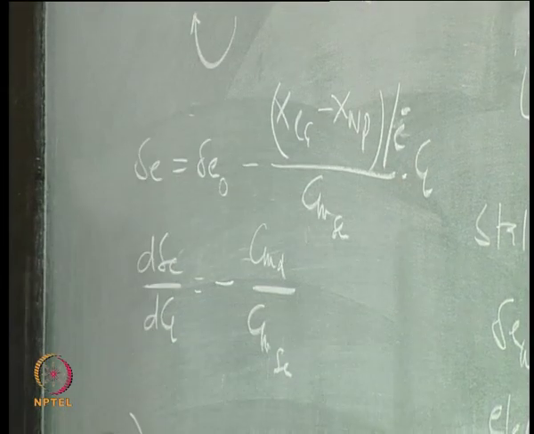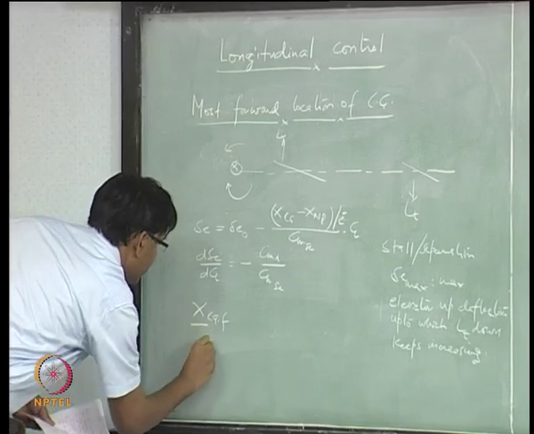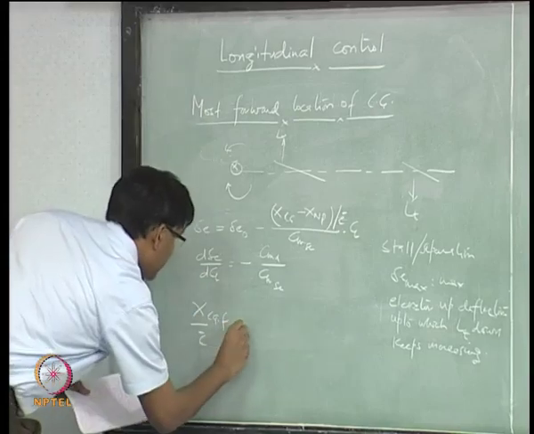Okay, so I am now writing down the F is for the forward, forward CG location is.